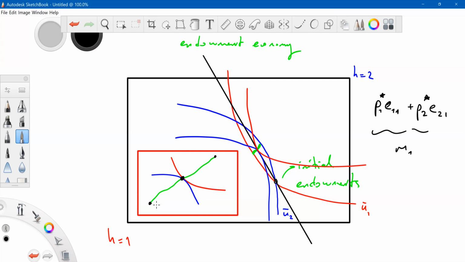Obviously, relative to no exchange, they both prefer all of these allocations along the core, right? But if you go this direction, this decreases the welfare of the first consumer. If you go this direction, this decreases the welfare of the second consumer, okay? In that sense, the Walrasian equilibrium is Pareto efficient. So this is the first fundamental theorem, right?